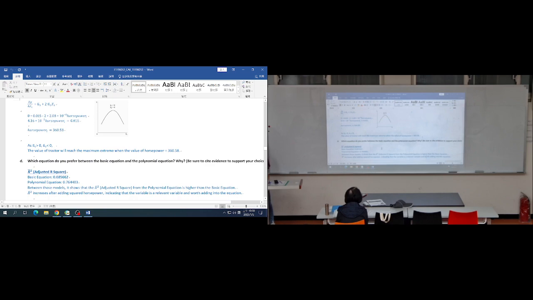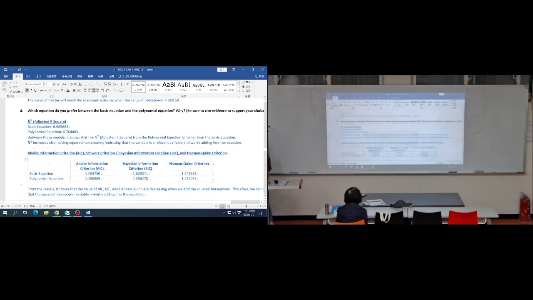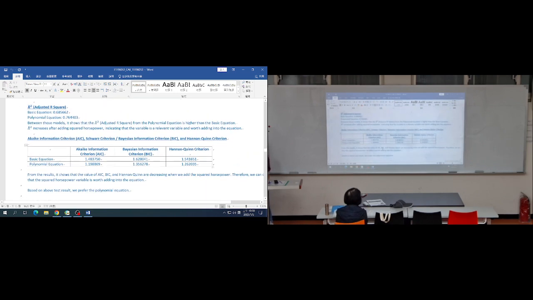All right, the D. From the adjusted R square, the polynomial equation's adjusted R square is higher than the basic equation. Therefore, after adding the squared horsepower, it indicates that the variable is relevant and worth adding into the equation.